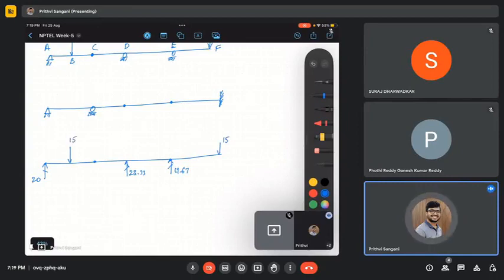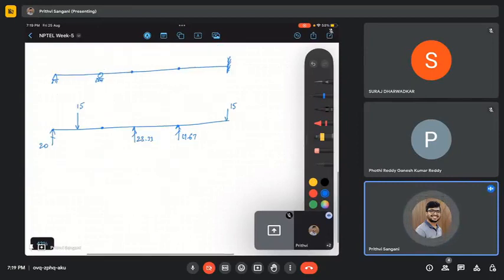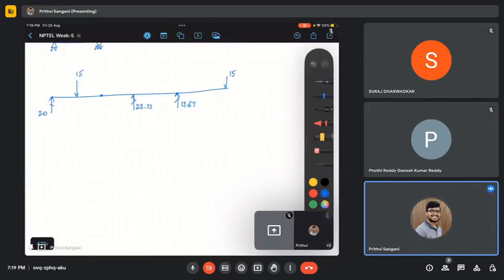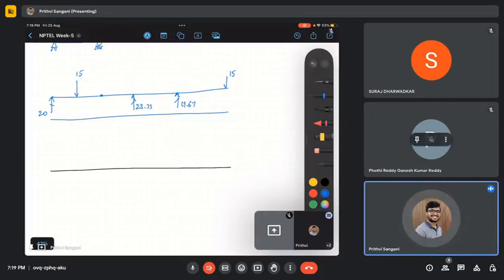What will be the bending moment diagram? Let us draw it. I'll just draw the reference here. Yeah, these are the dimensions as you know. Ganesh, do you have any doubt?